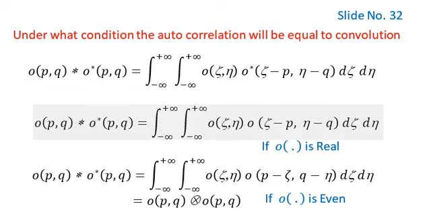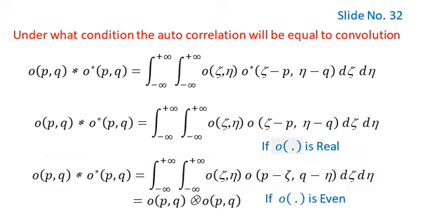Now in the second step on the right hand side, look at the integral: we have replaced the conjugate of O with simply O, because we are assuming that O is real. If O is real, the conjugate of such an object has no meaning. That's why we have replaced the conjugate of O from the first integral with simply O in the second integral. Now look at the third integral.